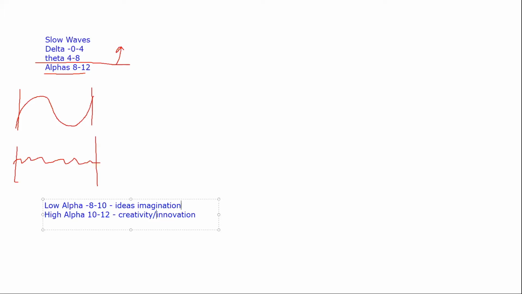When Tesla came up with the Tesla coil, he was in alpha. When a great poem was written, the person was in alpha. All the great music that we love today, the person was in alpha. Their brain was in a state where it was creating something new.